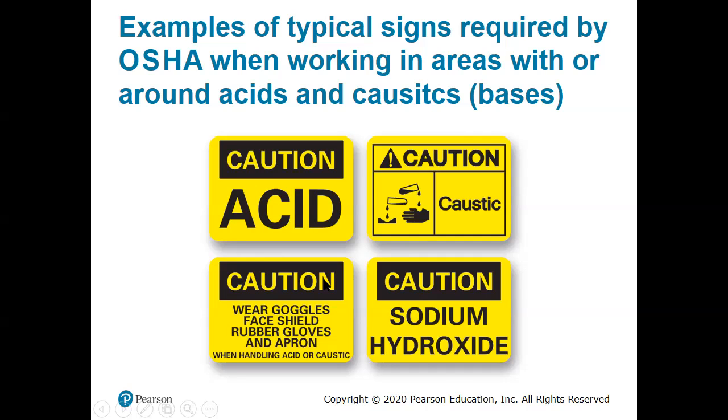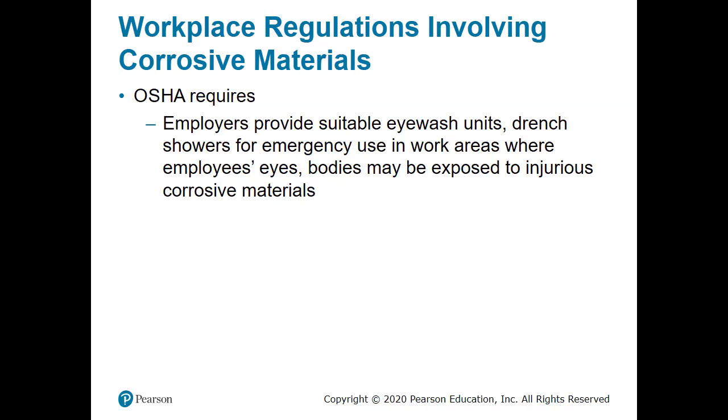The other thing that OSHA requires is that they need to provide some kind of suitable means of protection and suitable means of treatment in the event of exposure. And what do those look like? Well, you've seen them in the lab. Eye wash stations, safety showers.